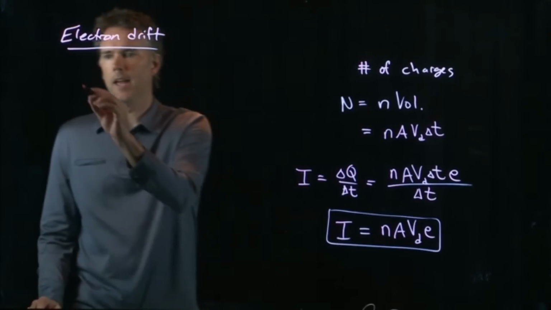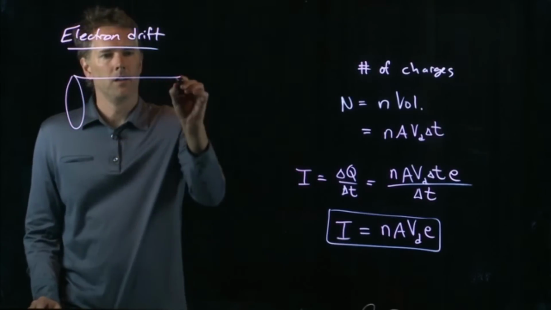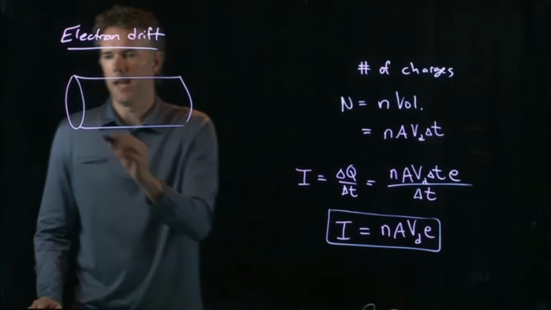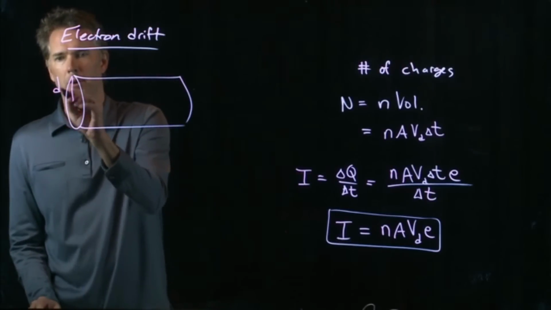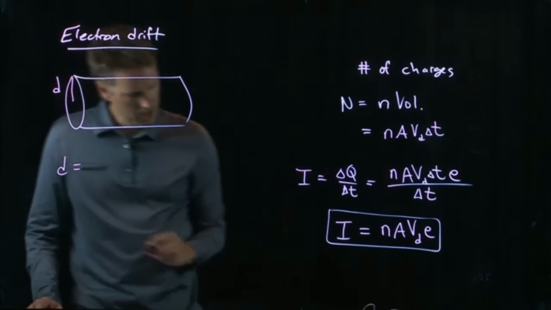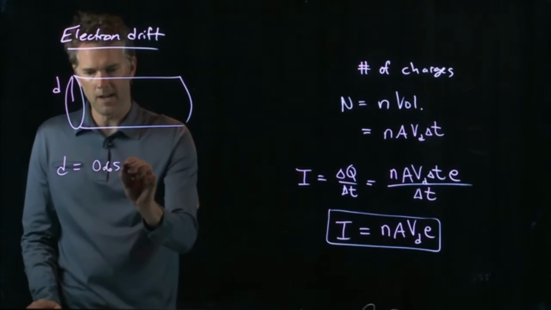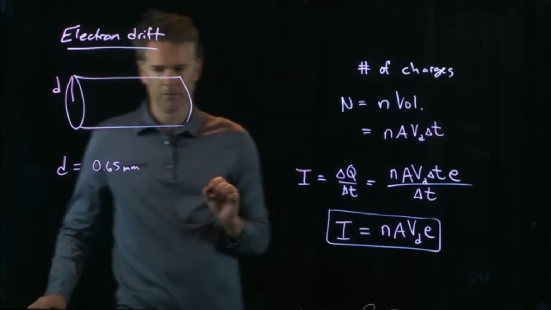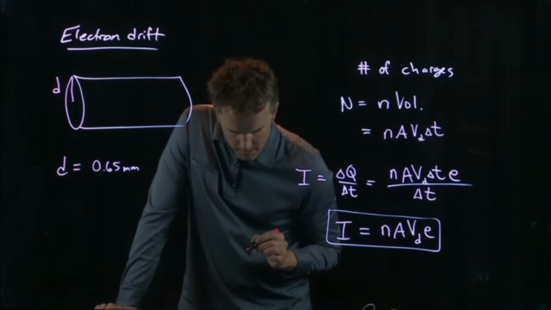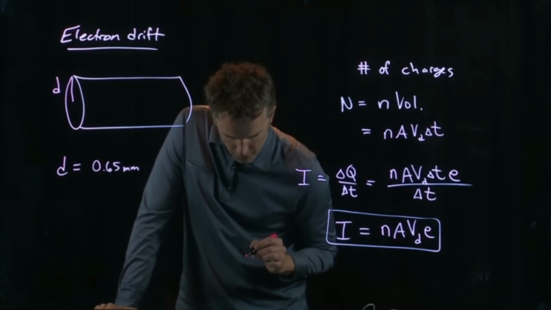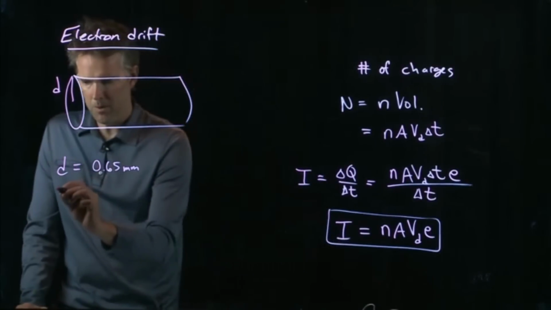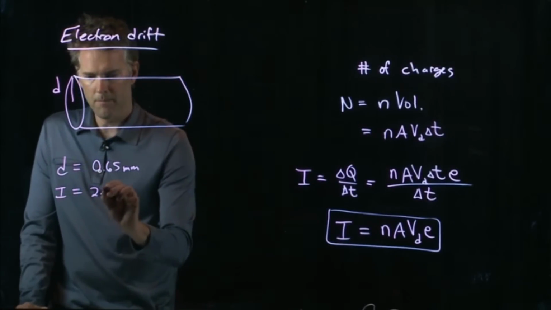I have a wire that has a particular diameter D, and my number is D equals 0.65 millimeters. And it says it carries a current of 2.3 microamps.